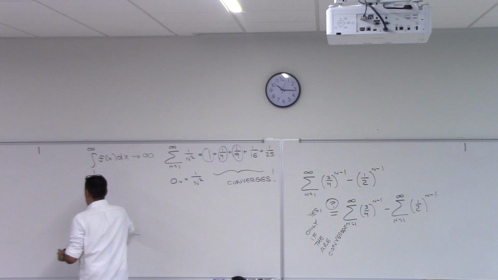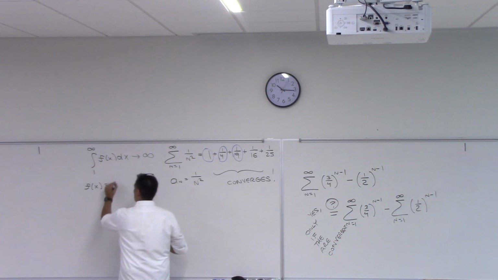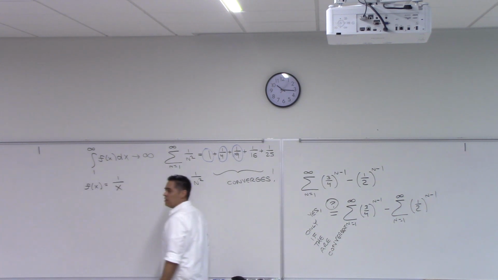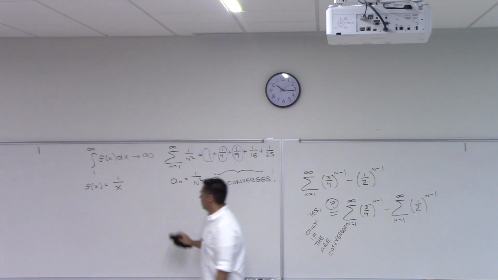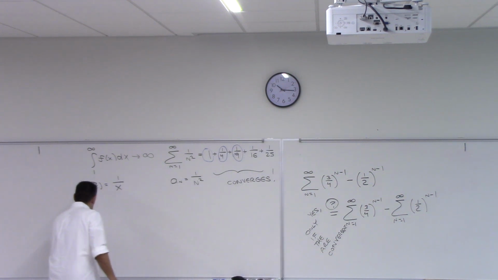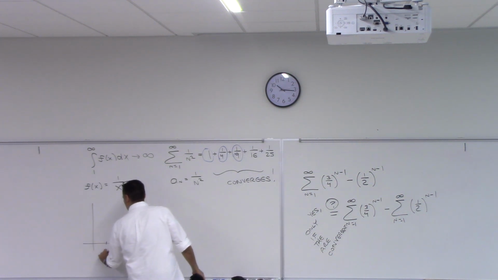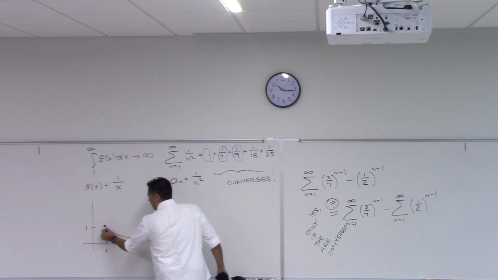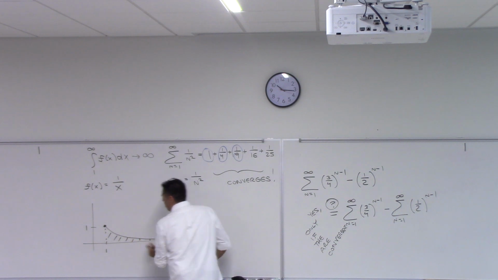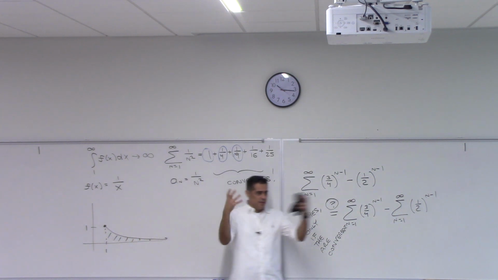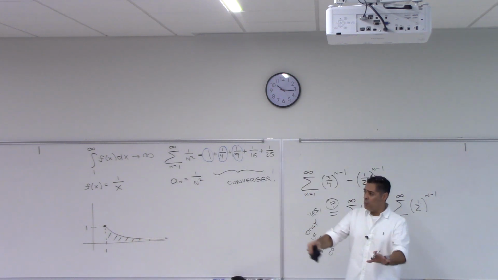What graph are we looking at? We're looking at 1 over x here, right? Okay, that graph looks very similar. At 1, you're at 1, and it drops down. We showed in class that this diverges, it becomes infinite. So what if I start with that and I tell you that?